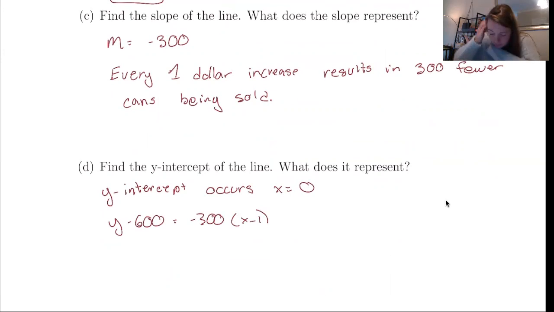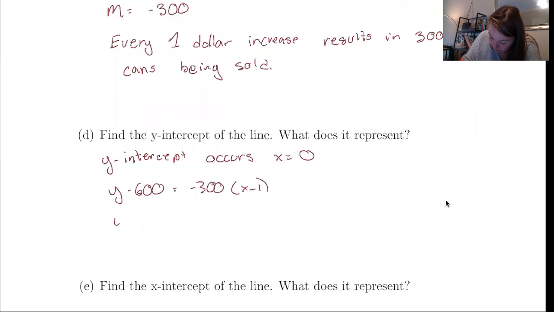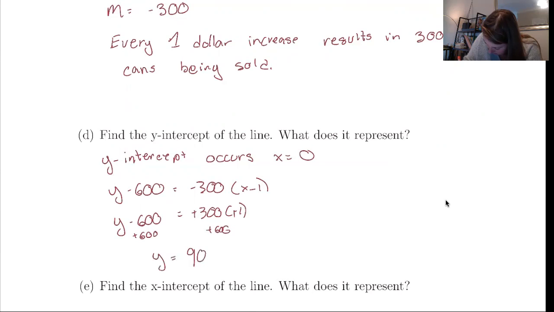Okay, so y minus 600 is going to equal negative 300 times negative 1, 0 minus 1. So that's going to be 300, so plus 600. So y would equal 900.